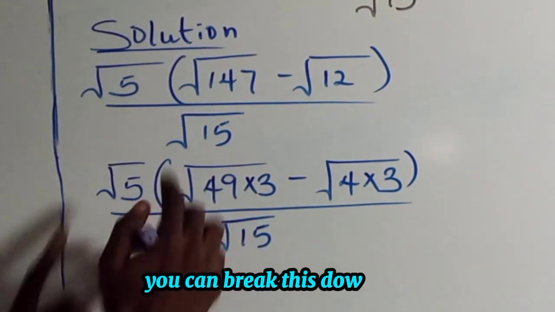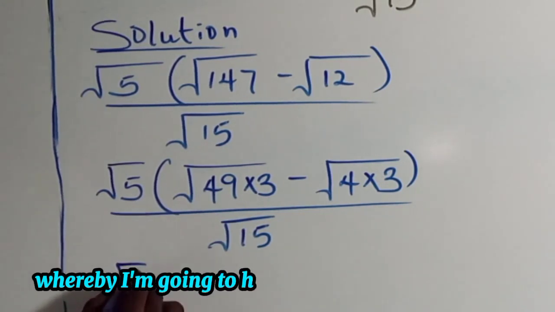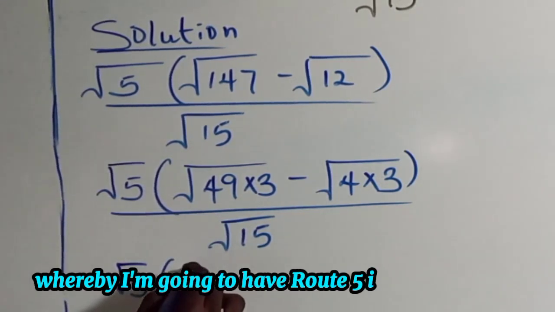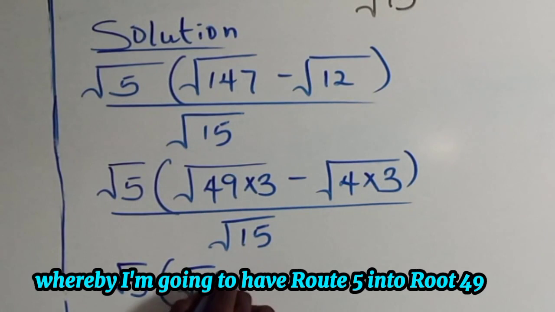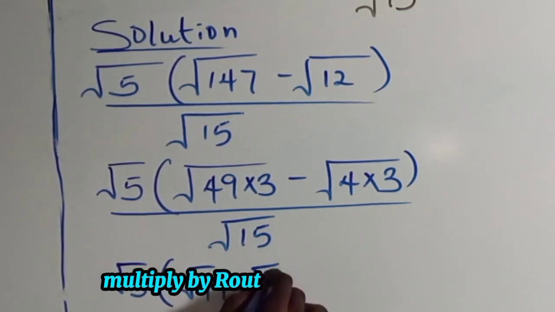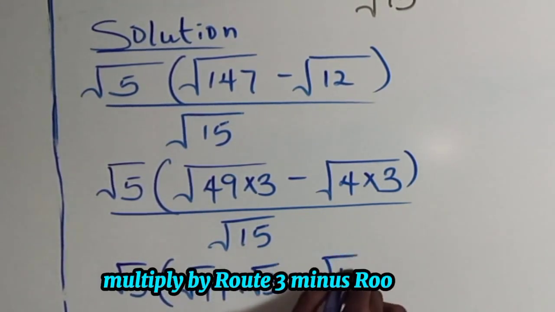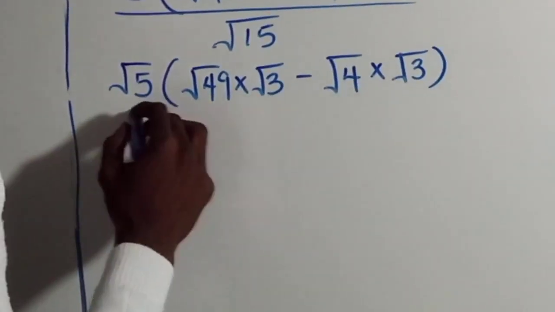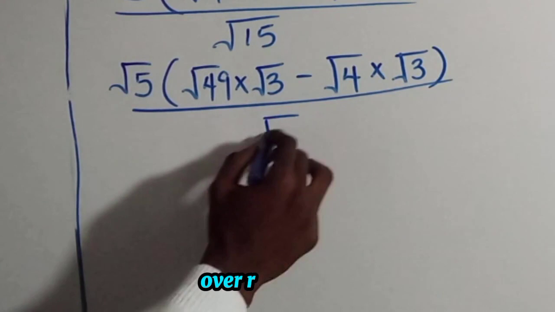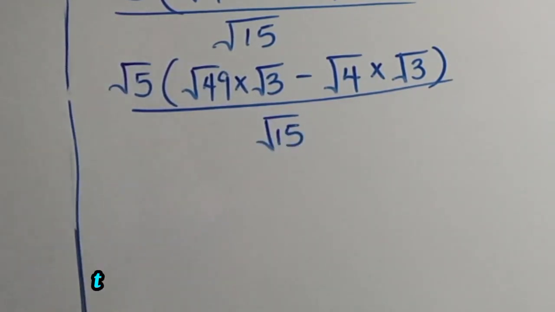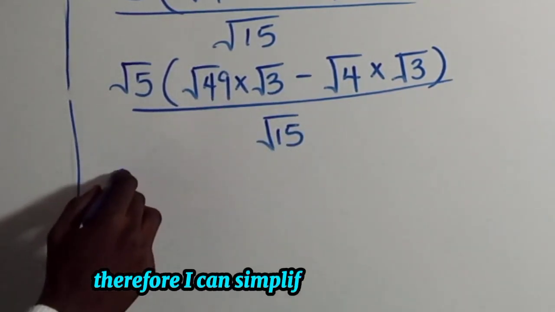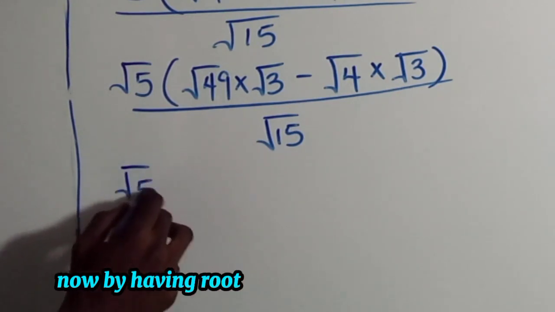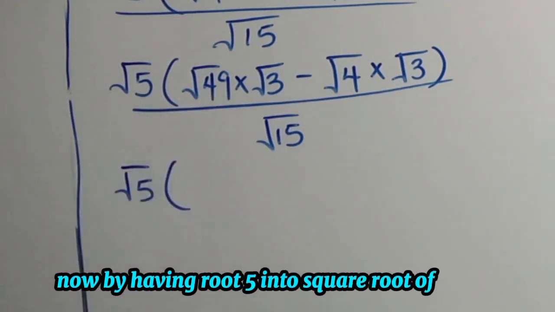Now let's look at this. We can break this down whereby I'm going to have root 5 into root 49 multiplied by root 3 minus root 4 multiplied by root 3 over root 15. Therefore, I can simplify what I have now by having root 5 into square root of 49.